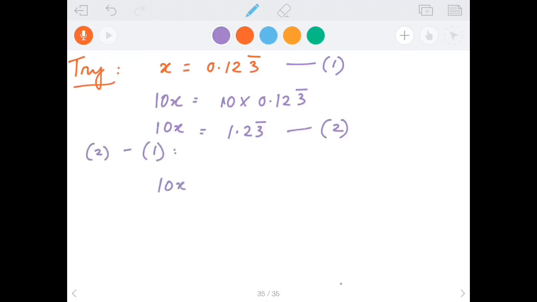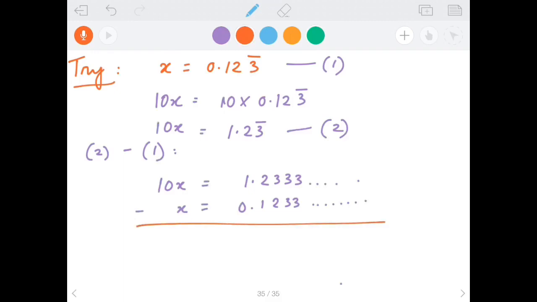When we subtract both, we get 10x is equal to 1.2333 minus x, which is equal to 0.1233, and so on. Observe the repeating pattern and cancel it off from there. Let's subtract this now. I get 9x. That's your repeating pattern. Cancel that off.